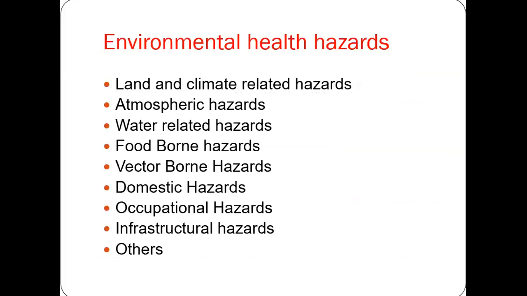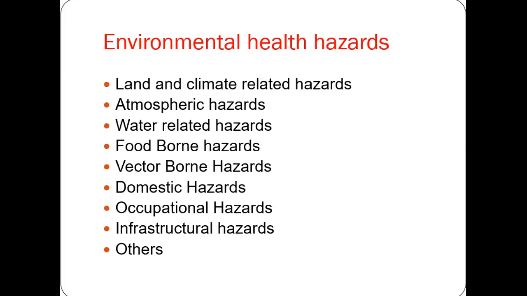Number one, land and climate related hazards, atmospheric hazards, water related hazards, foodborne hazards, vector-borne hazards, domestic hazards, occupational hazards in our workplace, infrastructural hazards that we encounter in our day-to-day activities as we go out and do our stuff on a daily basis, and others or miscellaneous hazards that we will be discussing along the way.